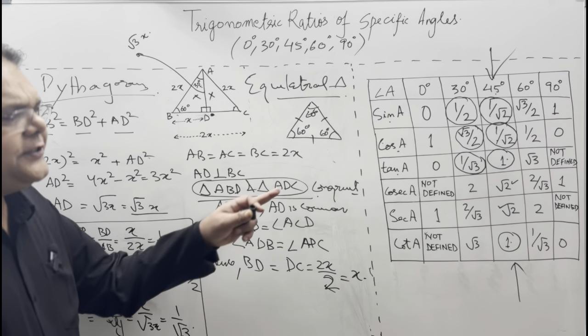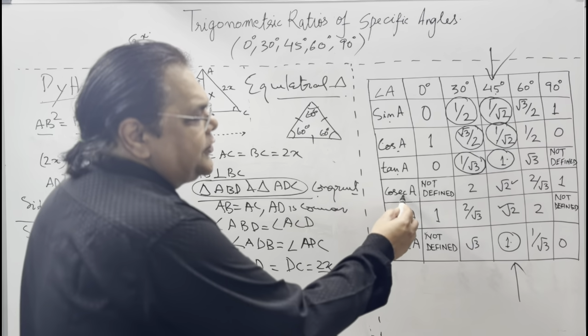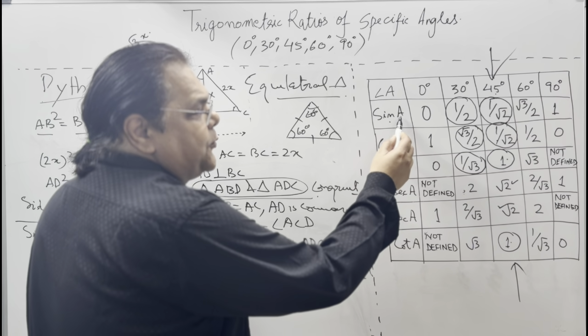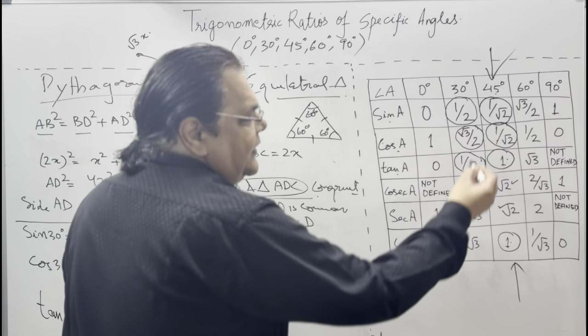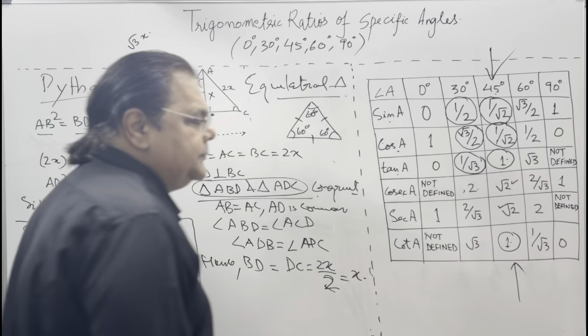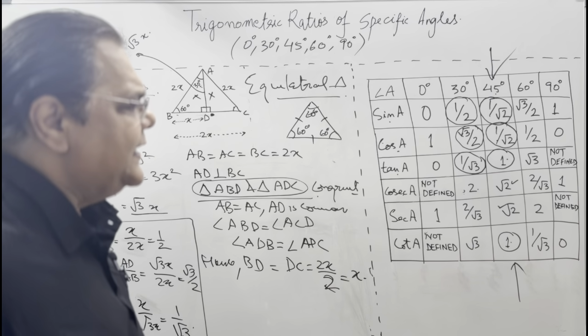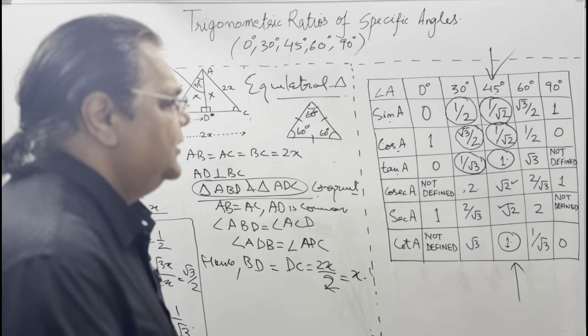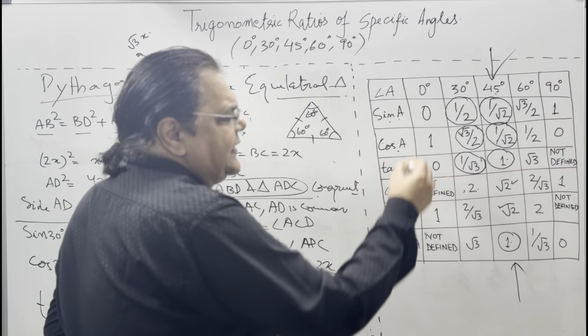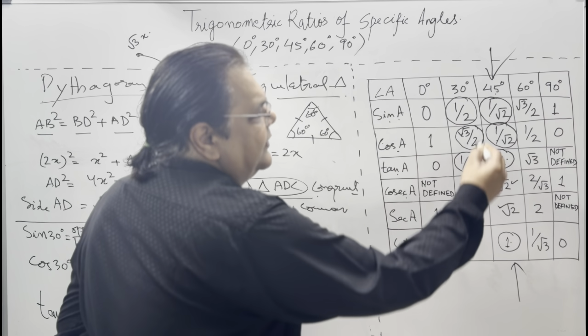So from the table you can check cosec 30, that is the reciprocal of sine 30. Half reciprocal is 2. Let us check cosec 30, sec 30 and cot 30. Cosec 30 is the reciprocal of sine 30. So you can check here.